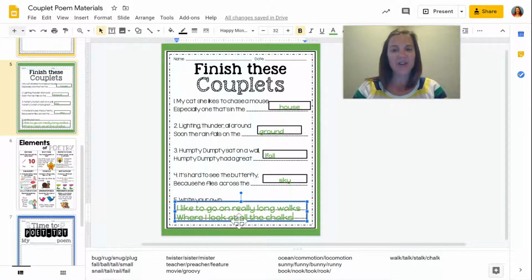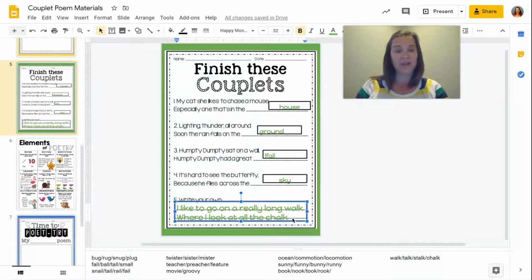I like to go on really long walks. I want to rhyme it with chalk because everywhere I go, I see sidewalk chalk. Maybe you're even doing some sidewalk chalk. And chalks isn't really a word. So I like to go on a really long walk where I look at all the chalk.